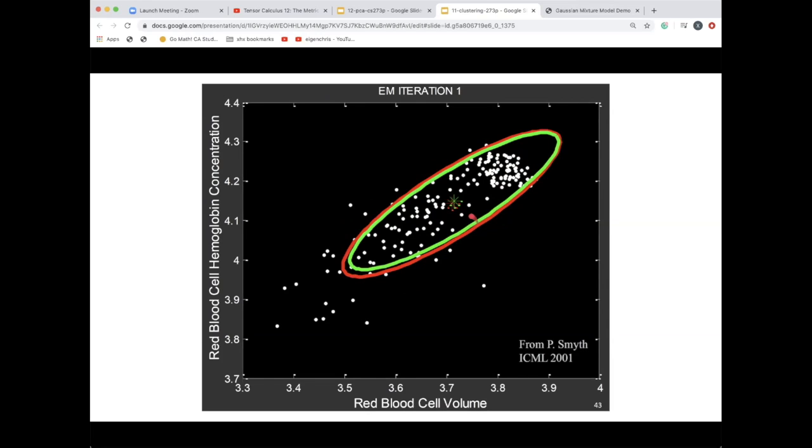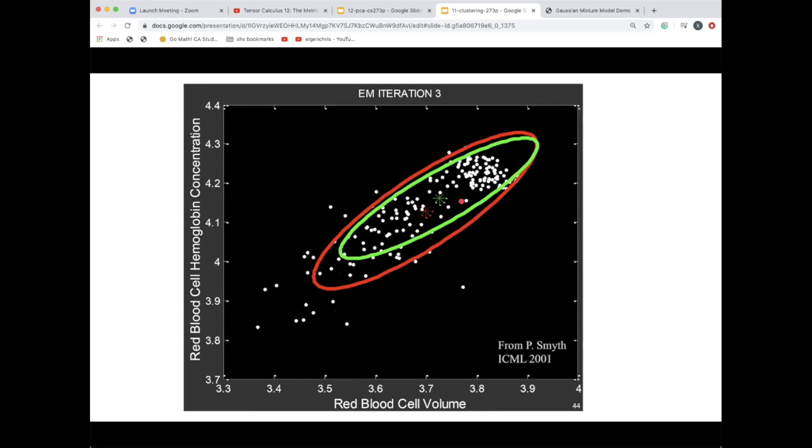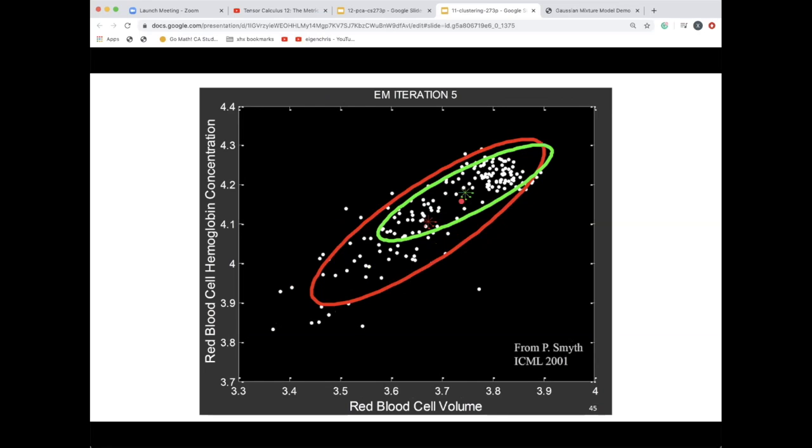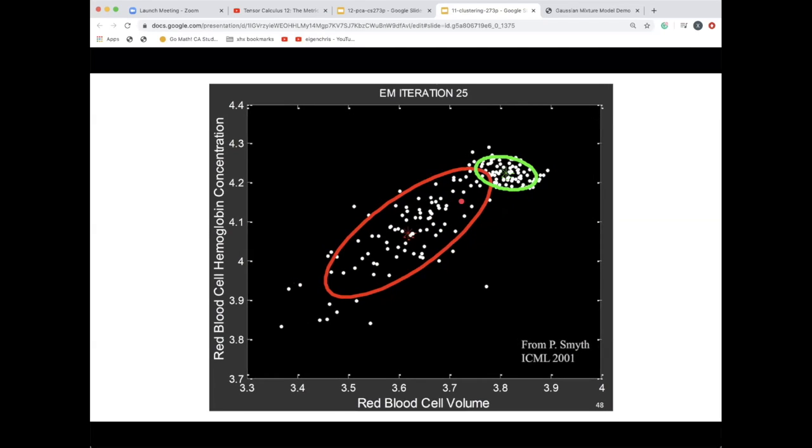So now we randomly initialize two centers and two covariance matrices. You can think of the covariance matrix as the shape of the ellipsoid, which initially is in this shape. Now I am going to update them by following the EM algorithm, updating the centers and covariance matrices. After a few iterations, you can see it converges to two different Gaussians.